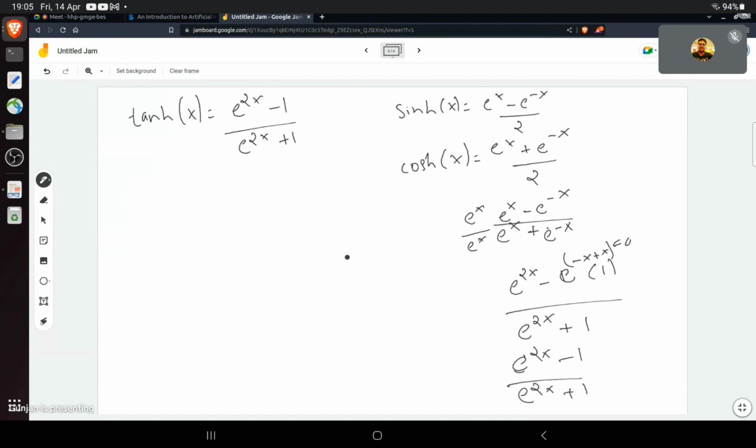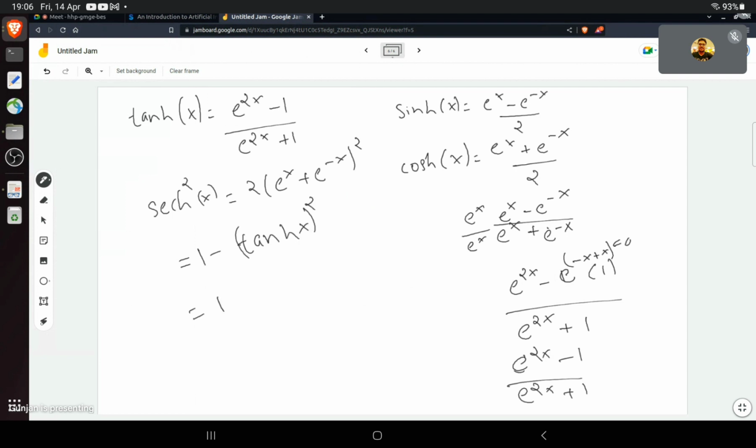And if you differentiate it, you get the expression for sech squared x, which is equal to 4 over (e to the power x plus e to the power minus x) squared. And sech squared x is also equal to 1 minus tanh squared x.